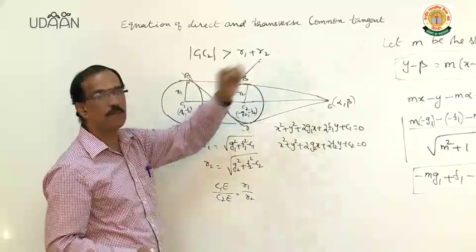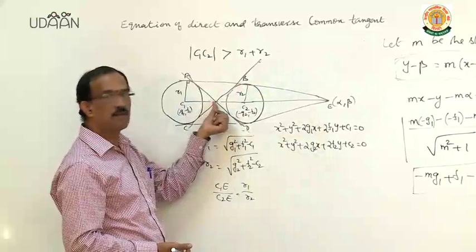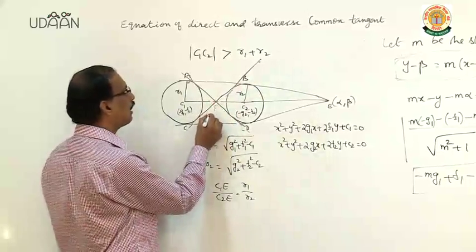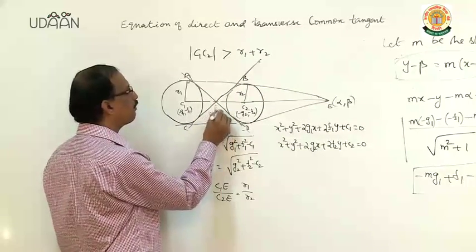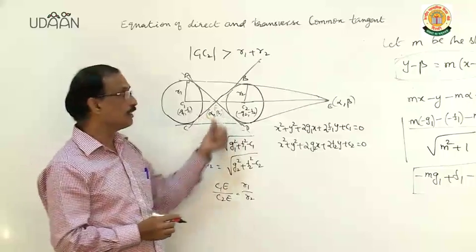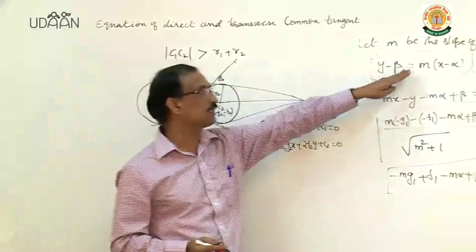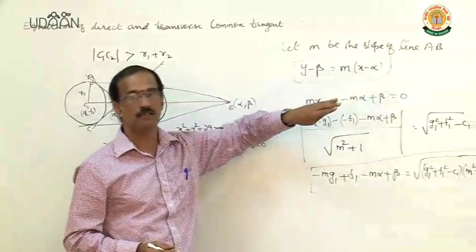In a similar way, let m be the slope of a line and the coordinate, if you take this one as alpha 1, beta 1, then we can get the equation as y minus beta 1 equals m into x minus alpha 1.